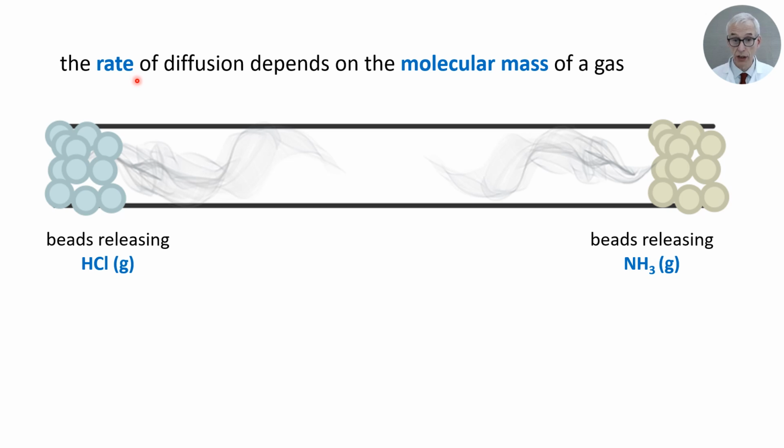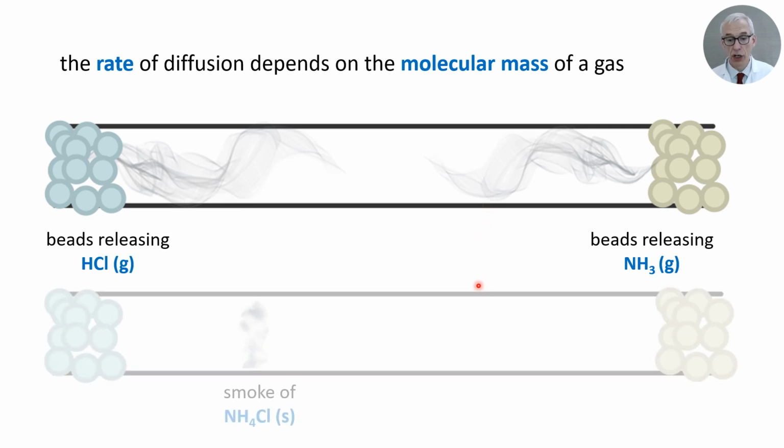The rate of diffusion depends on the molecular mass of a gas, or the relative molecular mass of a gas. You may have seen in the school laboratory some beads soaked in concentrated hydrochloric acid, which release hydrogen chloride vapor. At the opposite end of a reaction tube, we have beads soaked in concentrated ammonia, which releases gaseous ammonia.